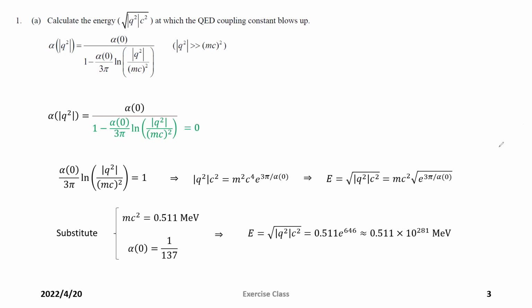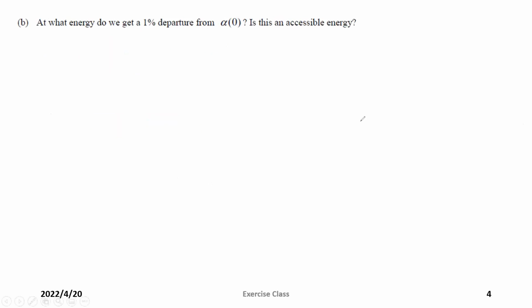Okay, let's do the B part. In the B part, we want to find the energy at which alpha deviates from alpha 0 by 1%.